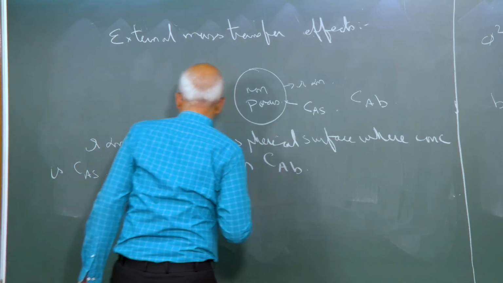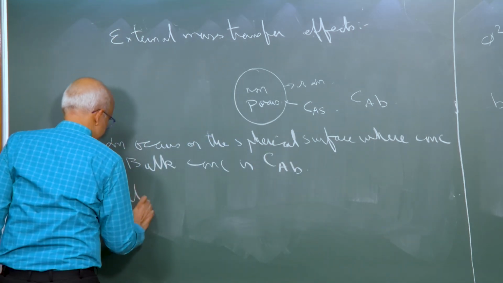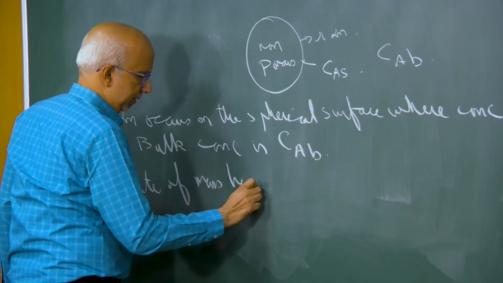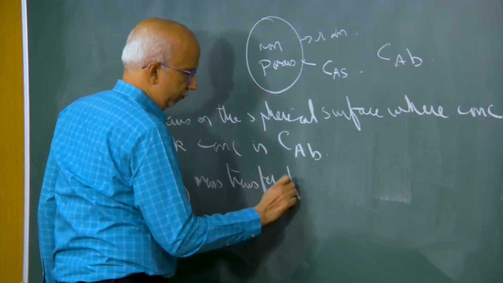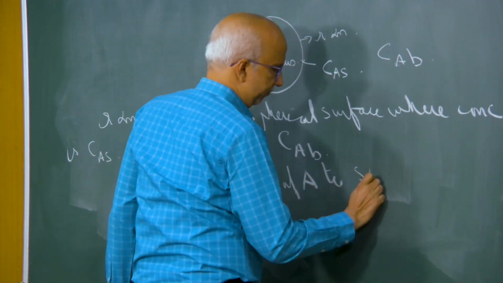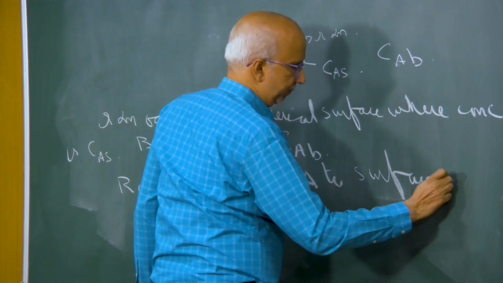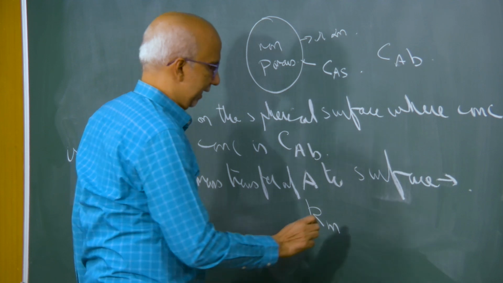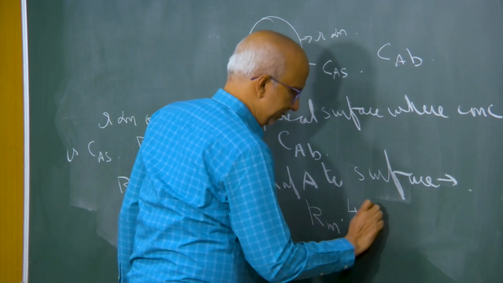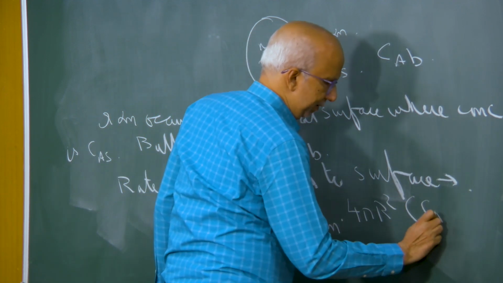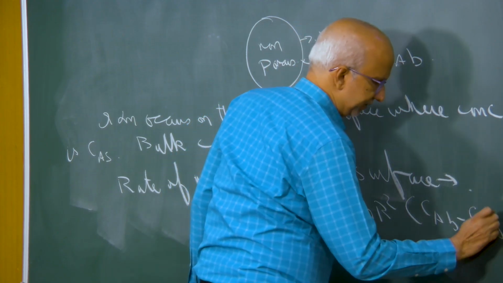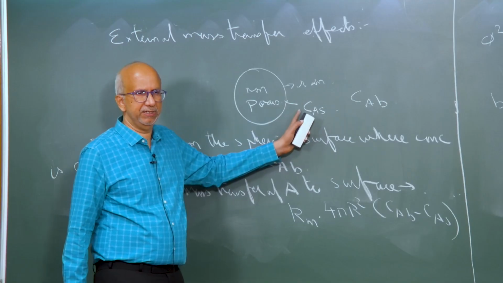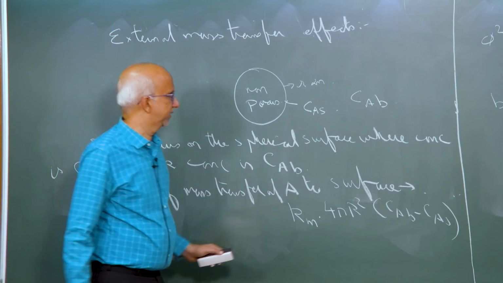So, now the rate of mass transfer of A to the surface is going to be given by the mass transfer coefficient times 4 pi r squared times CAB minus CAS. Okay. The driving force is CAB minus CAS. So, rate at which the mass is coming in is this.